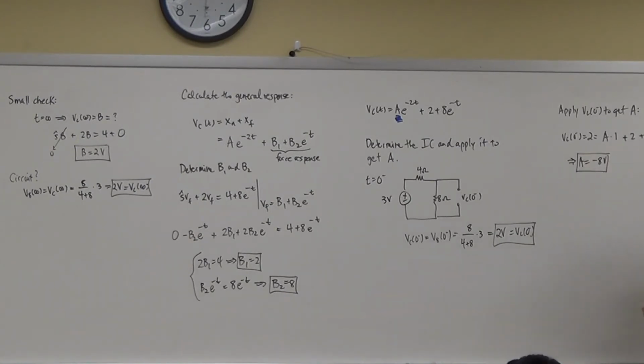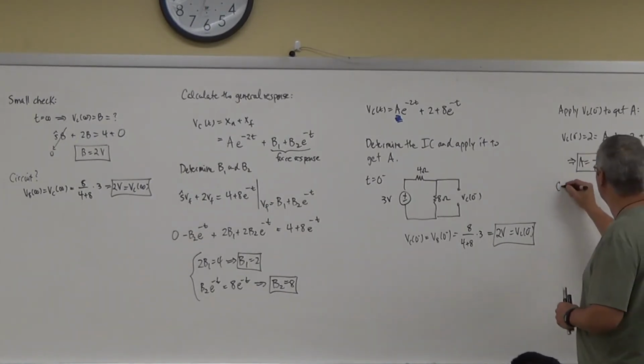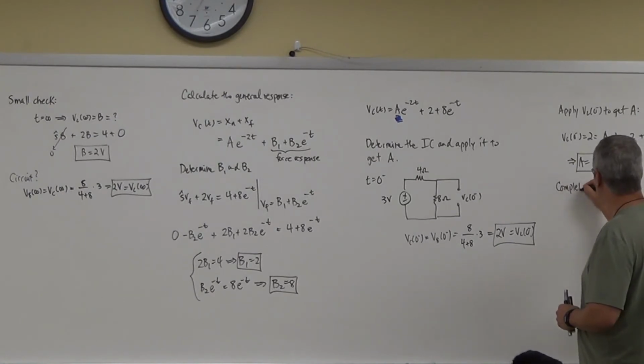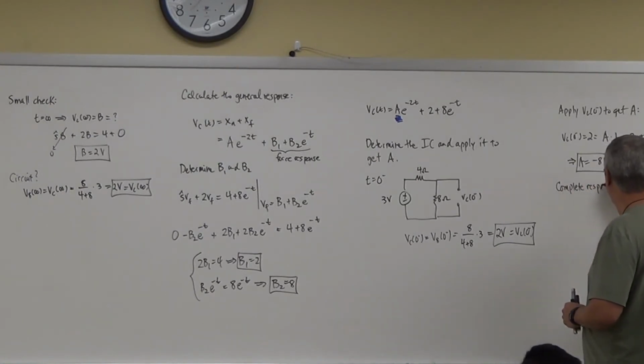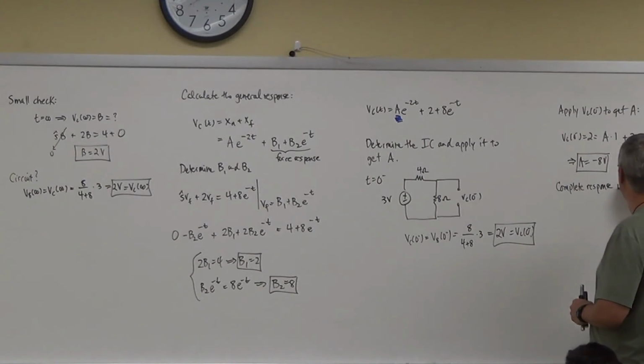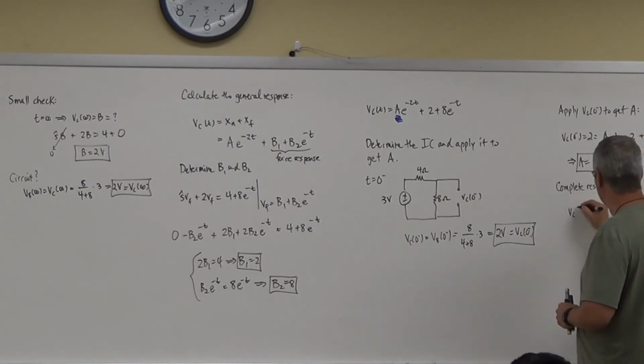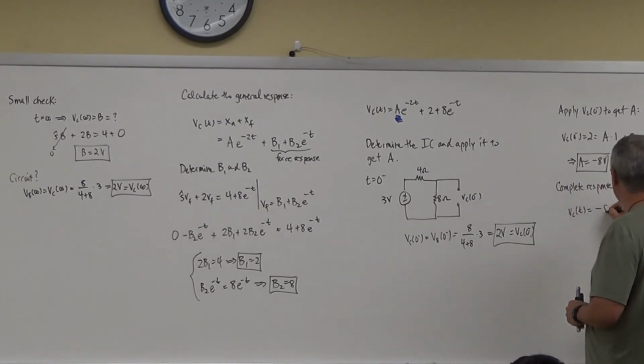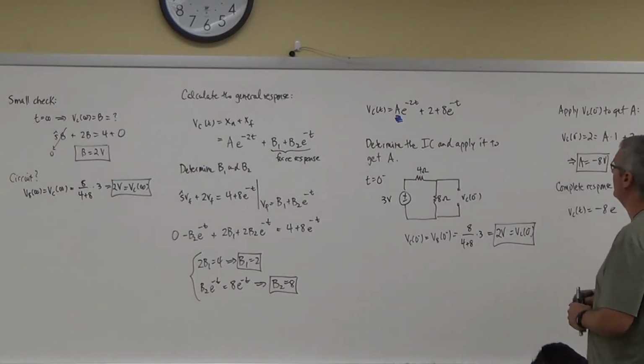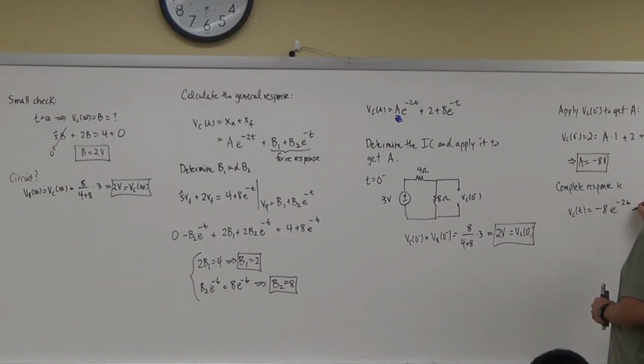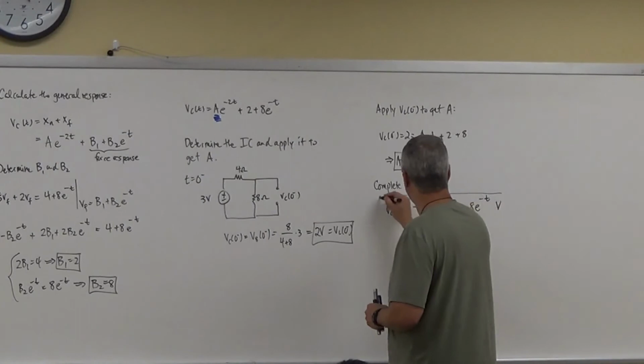So now I have my complete response. The complete response to that source is VC of t equals minus 8 e to the minus 2t plus 2 plus 8 e to the minus t volts.